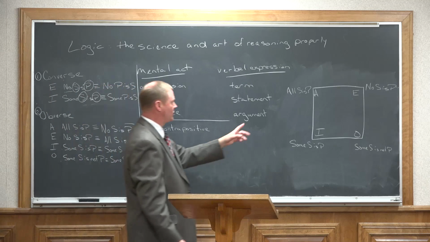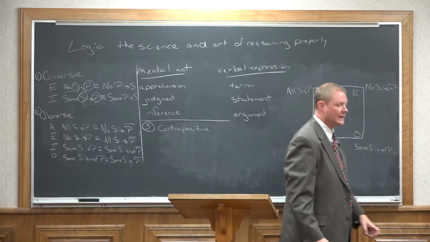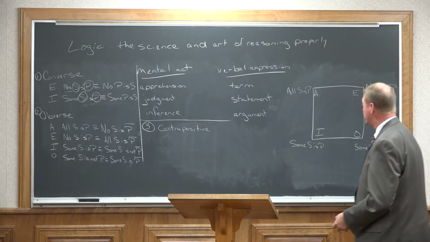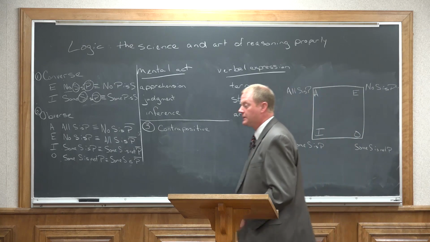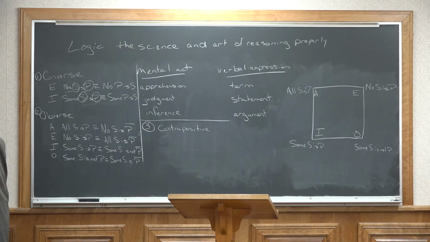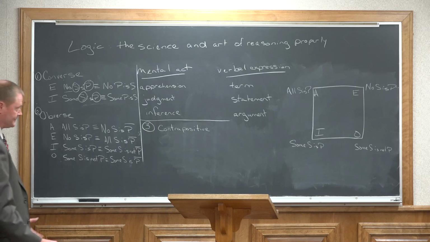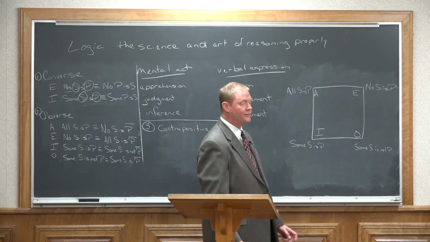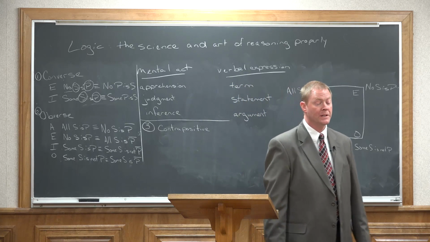But in the A statement and the O statement, you cannot. You can't just switch. So, for instance, all S is P. Now, sometimes it sounds like it works. For instance, all people are human. All humans are people. That sounds right. But that's not an immediate inference that you can make.